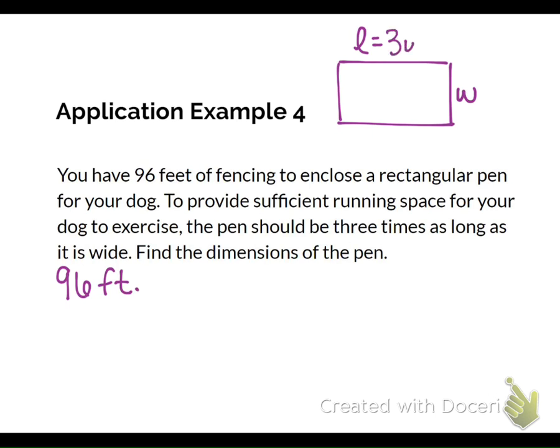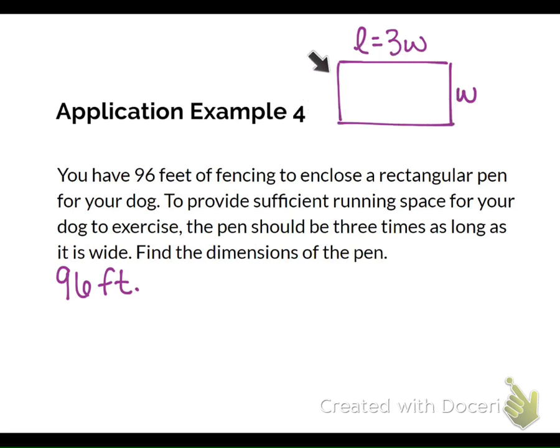So 3 times W would represent my length. Okay? So now we need to figure out how to put this all together. The 96 feet of fencing is going to go around the outside edge of that.